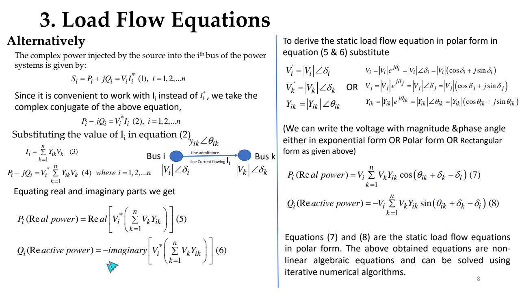For the second equation, the negative sign stays as it is, and again for Vi we write minus delta i, Vk delta k, and for Yik the phase shift is theta ik. So basically we can formulate equations 7 and 8 as we spoke on the previous slide. It is the same procedure to derive equations 7 and 8, which represent the real power and reactive power.